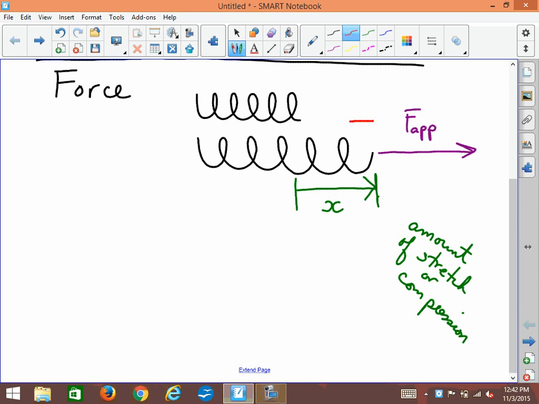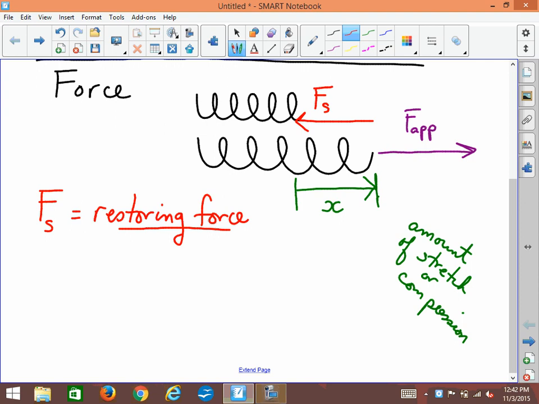The spring force wants to pull back against you with the very same force. So Fs. Now Fs is what I call the force of the spring. But it's important to realize that it's often referred to as the restoring force. It's the force that tries to put the spring back to the way it was. So we often call it the restoring force for the spring.